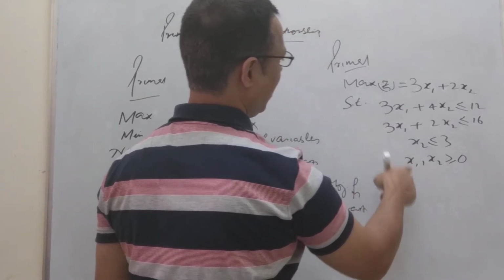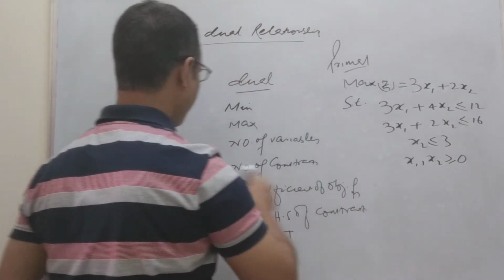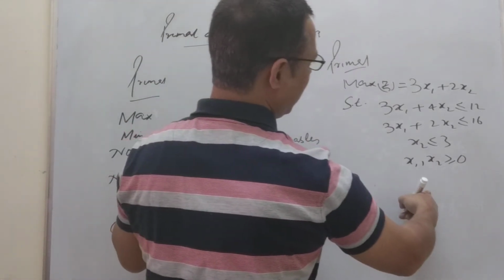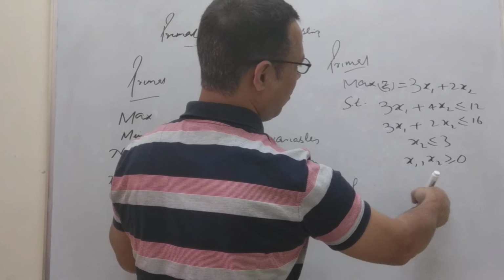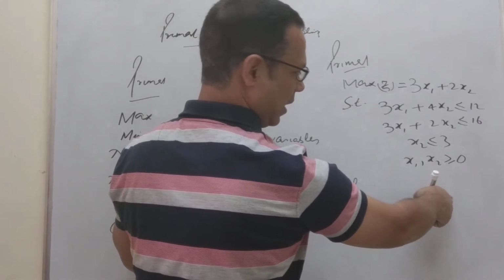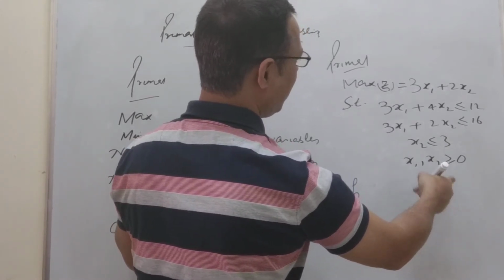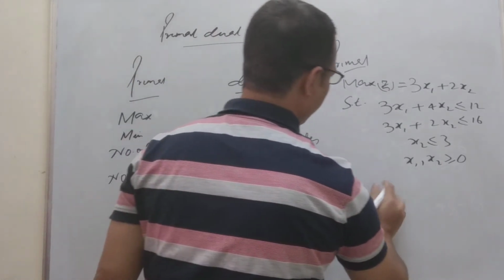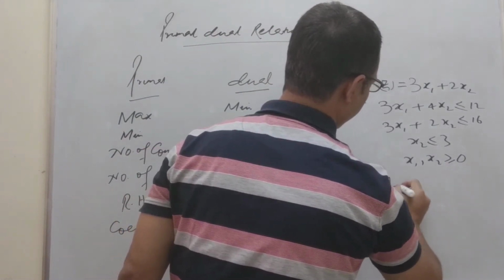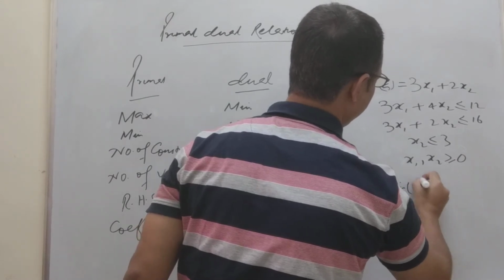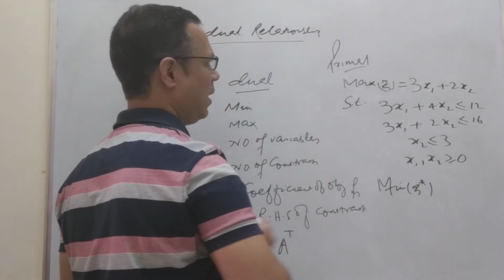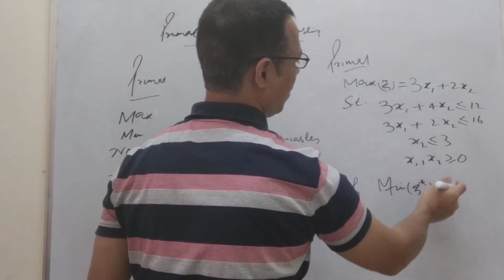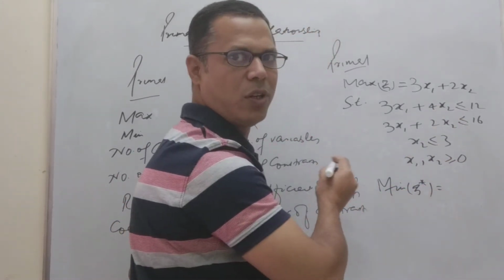It means in the dual of this form, the number of constraints will become the number of variables. It means in the dual of this, only 2 variables must exist. If there are more variables, it means that the dual is not a perfect dual of this given primal. So now going to change. Maximization is going to change into minimization first, and the right hand side of the constraints is going to become the coefficients of the objective function.